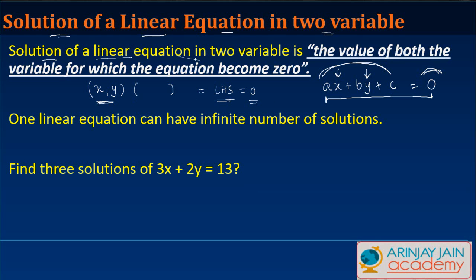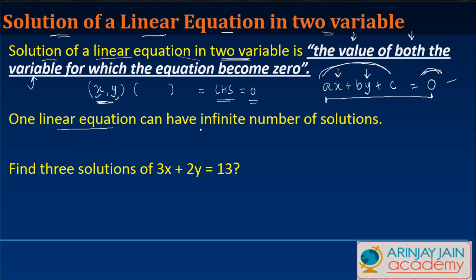Solution of a linear equation in two variables is the value of both the variables, both x and y, not only x, not only y, both x and y, for which the equation becomes 0. Because if you just put in the value of x, but the value of y doesn't give you a value of 0, then it's not a solution.